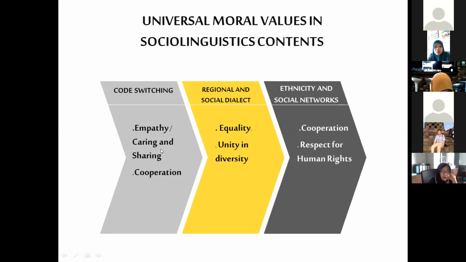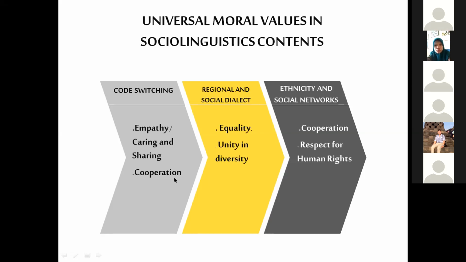And also in code switching, there is the value of cooperation. We want to switch our language because we want to cooperate with other people. This is one of the ways we incorporate the universal moral values in the learning material of sociolinguistics.